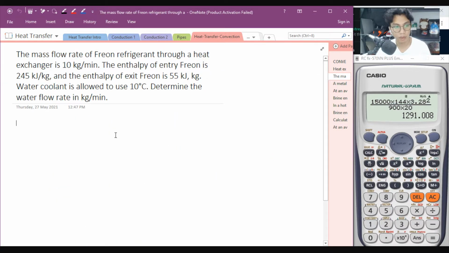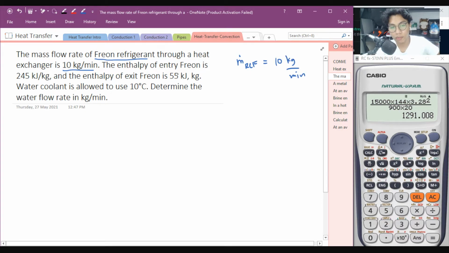Next problem. The mass flow rate of Freon refrigerant. Okay? Sir, refrigeration na yan. Heat exchange pa rin naman yan. Through a heat exchanger is 10 kg per minute. So, the mass flow of the refrigerant is equal to 10 kilograms per minute. The enthalpy of the entry Freon is 245 kilojoules per kilogram.